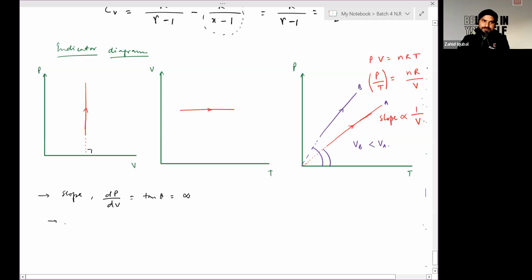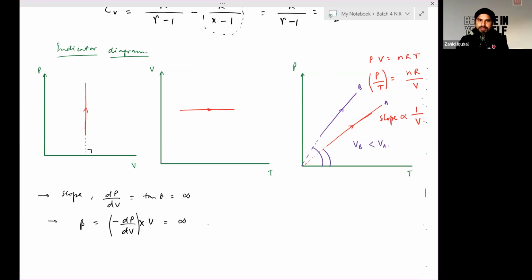Now, using the bulk modulus, beta equals minus dp by dv multiplied by v. Since dp by dv is infinite, beta is infinite. It means this system will behave as perfectly rigid. That's why the bulk modulus is infinite.